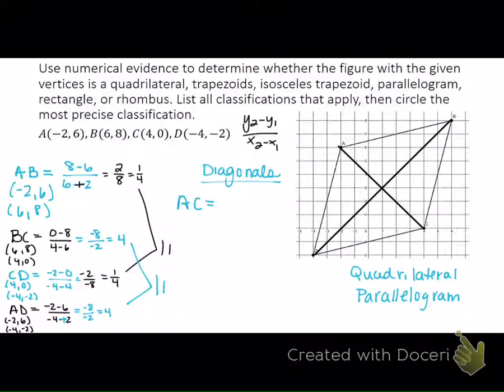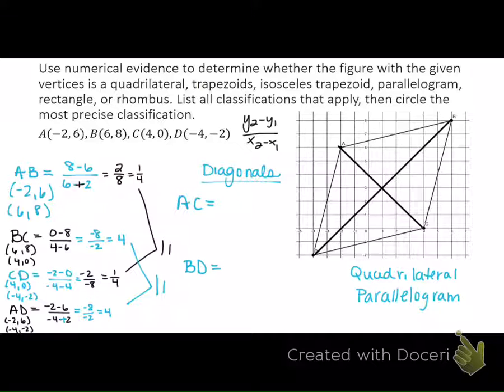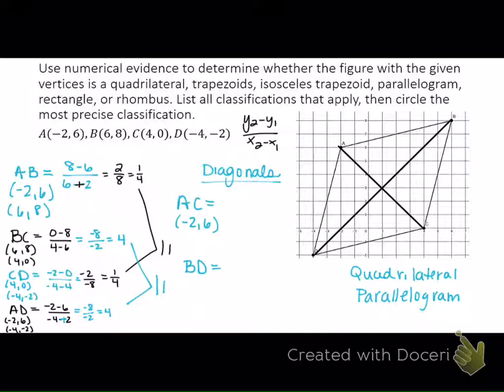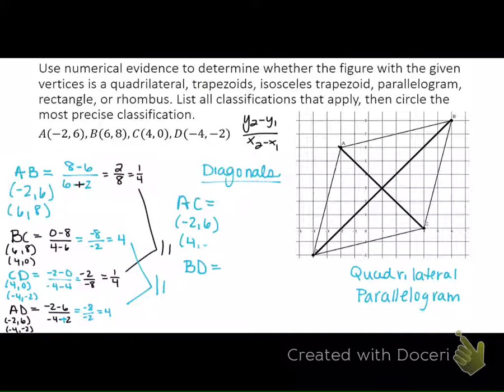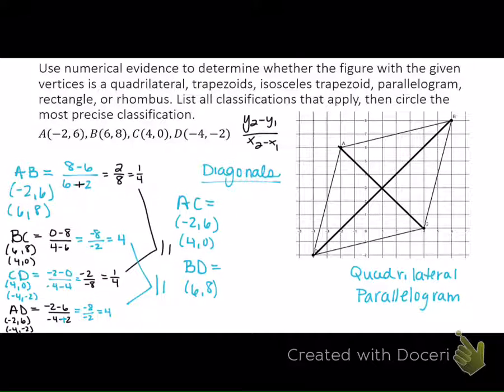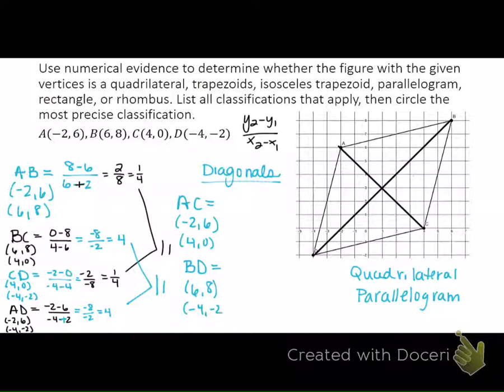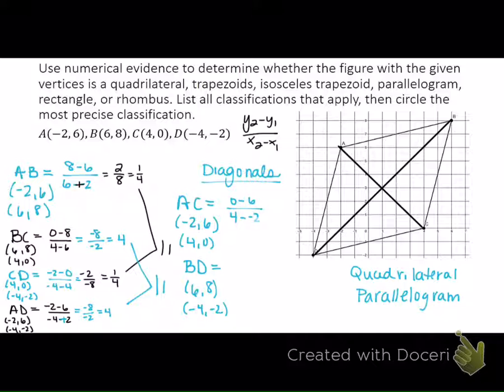So we are going to find the slope of AC and BD. So if they're perpendicular, what do we need these slopes to be?